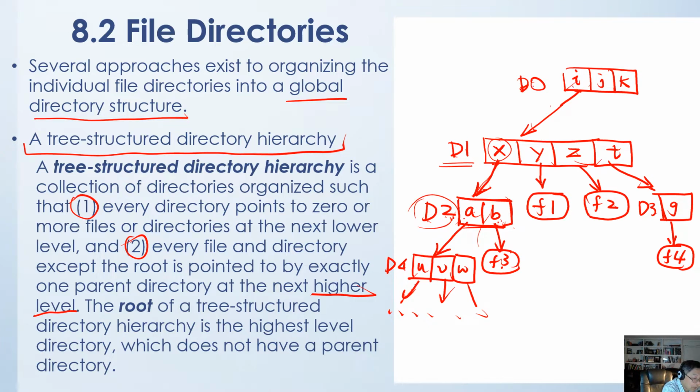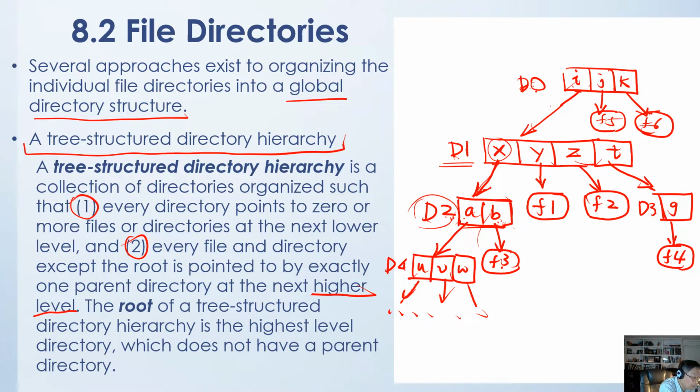D0 is the only parent directory for D1. J could be a name for a file. K could be a name for another file, or could be another directory. Let's say they are files F5, F6.